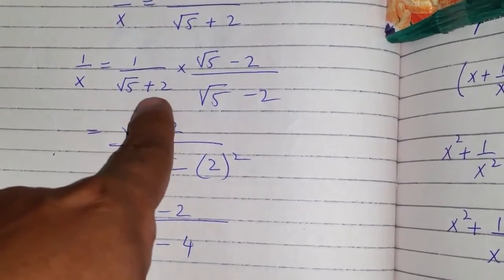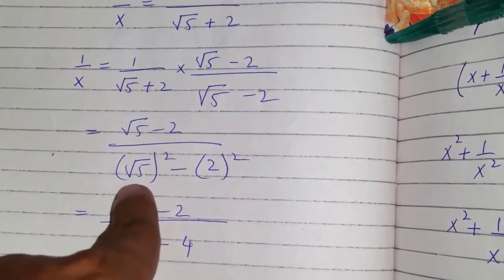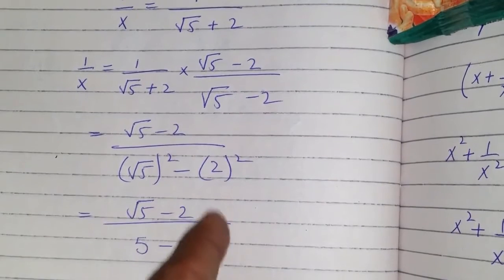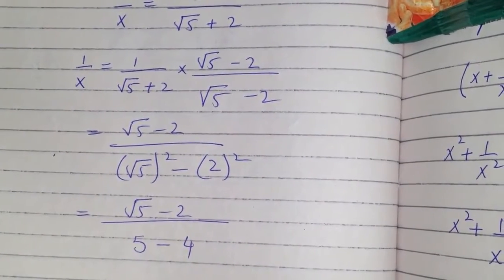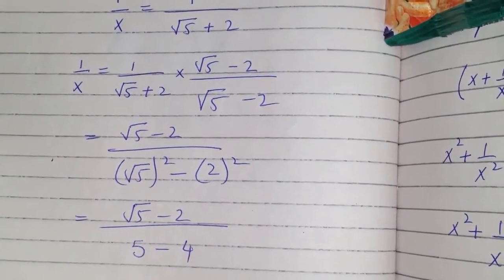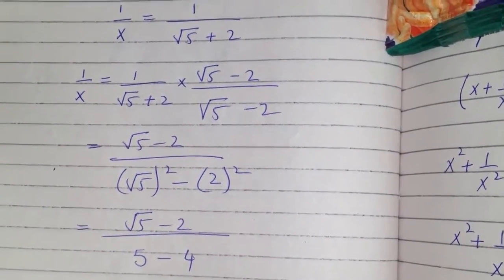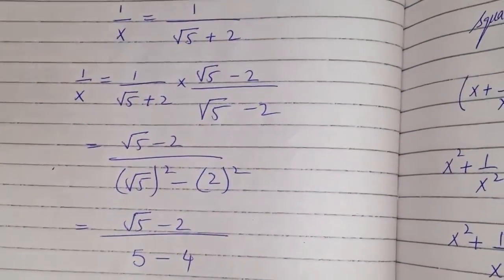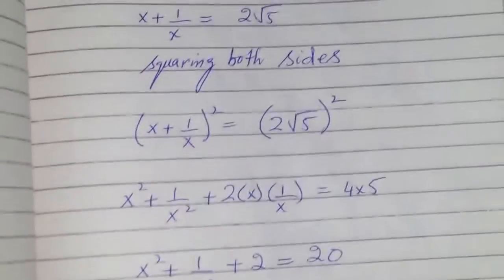So a plus b and a minus b will become a square minus b square, that is the square of the first term minus the square of the second term. The square root sign and square cancel out and we get 5, and 2's square is 4. 4 minus 5 is minus 1, so we go to the next page.